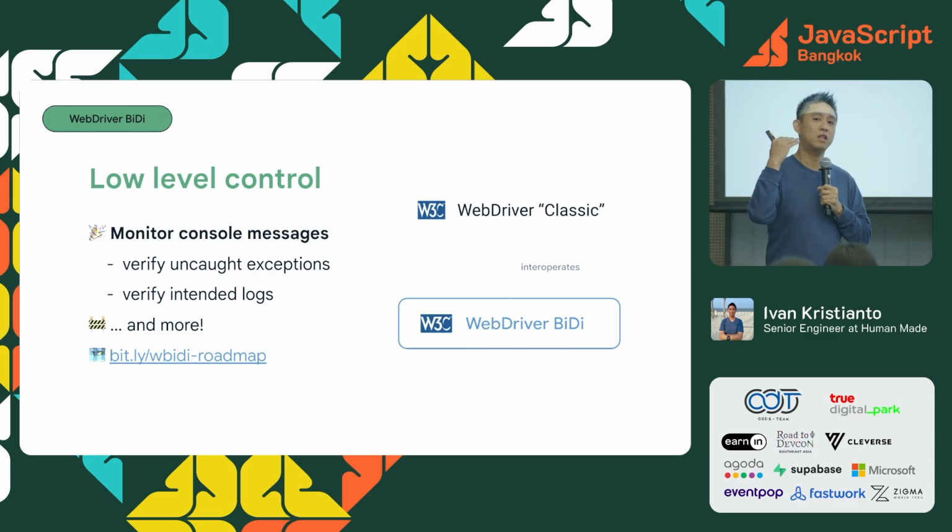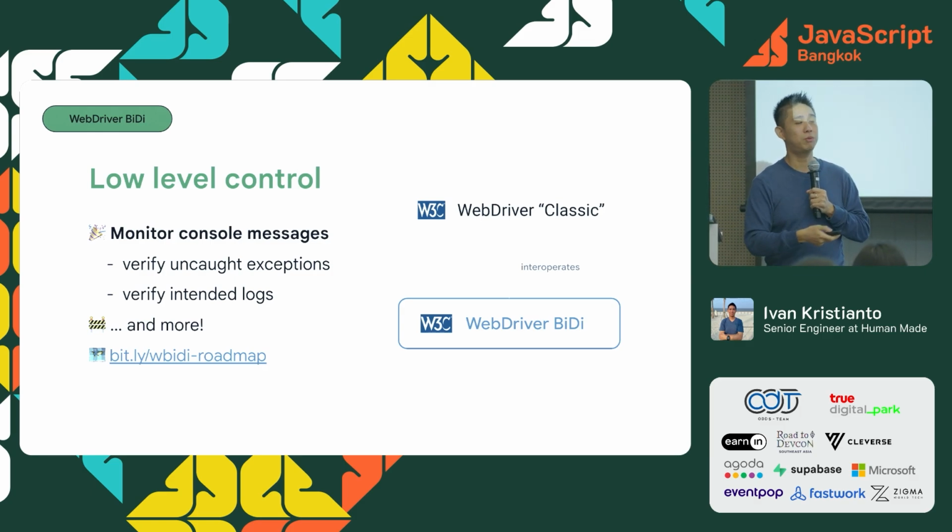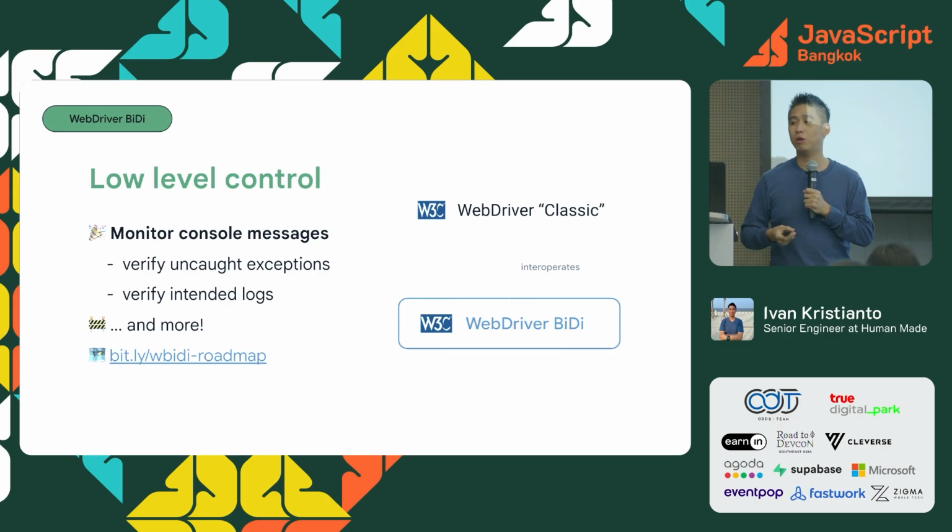If the test runs on Chrome and Firefox, it will use BiDi by default. Sorry, Firefox uses BiDi by default. Chrome uses CDP, but you can set it. While if the test runs on Safari, it will fall back to the previous protocol, WebDriver Classic. Of course, the monitoring of console logs and everything doesn't run, but it doesn't break your code. Your test will still run as usual. So that's the interoperability and backward compatibility with this protocol.